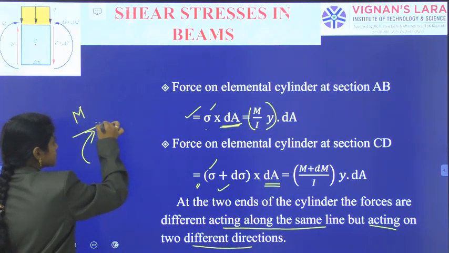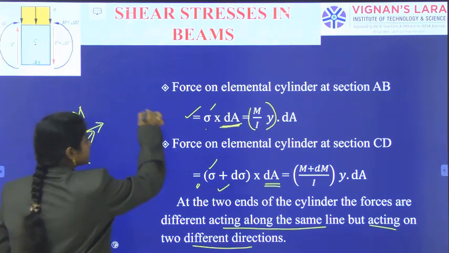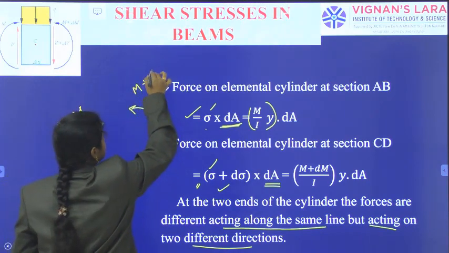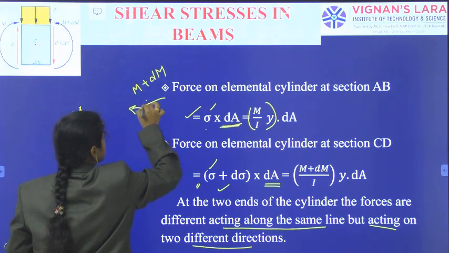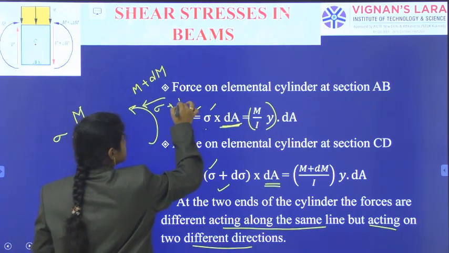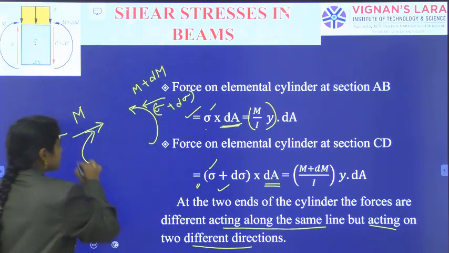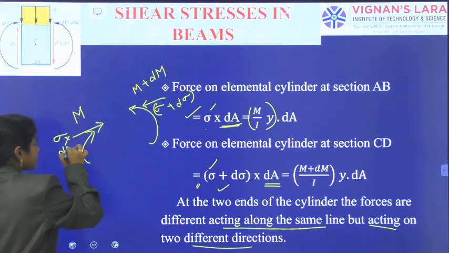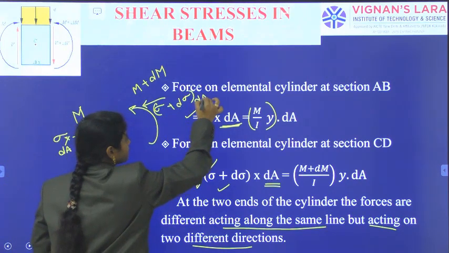The moment M causes the stress like this, and the moment M plus dM causes the stress like this. So this is sigma and this is sigma plus d sigma, each multiplied by the area.